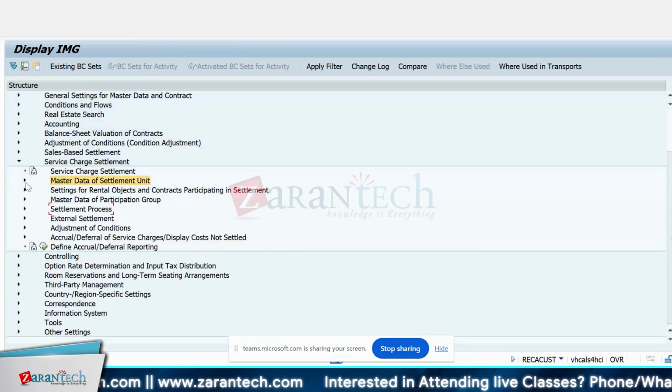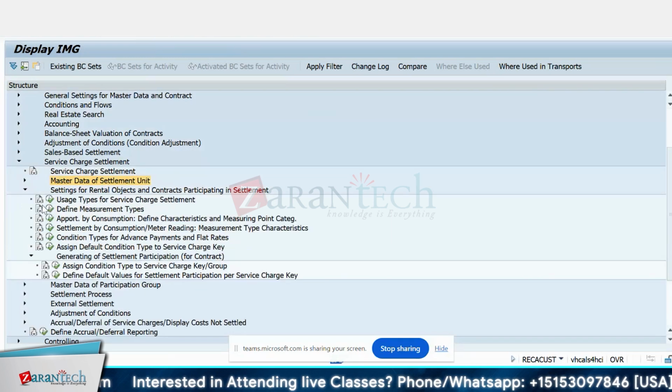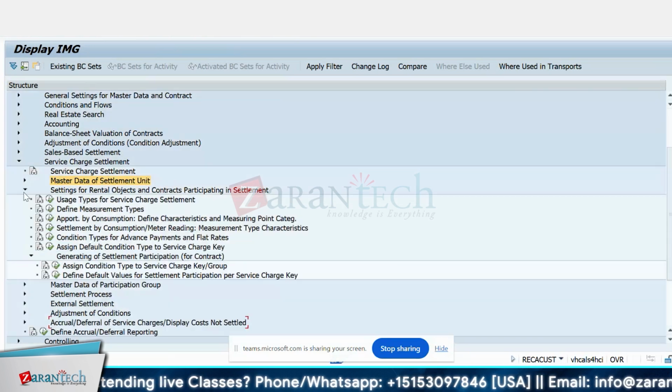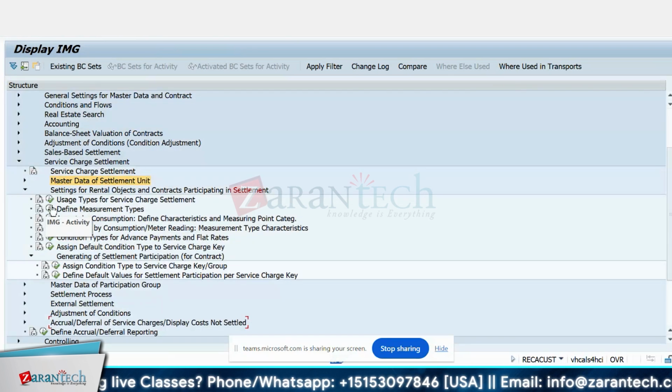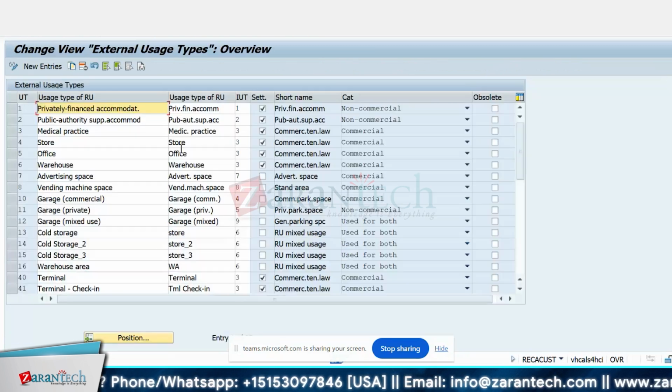So that is your master data. Now coming to settlement unit or participation group. Sorry, usage types which are defined for service charge settlement. Over here we will be defining the usage type.